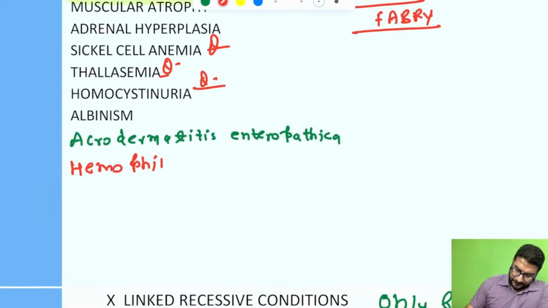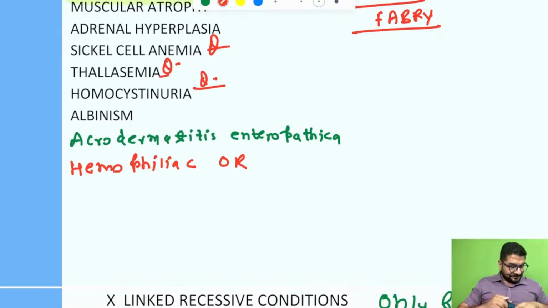Hemophilia C is autosomal recessive. Hemophilia C has another name, who will tell me? Anyone?